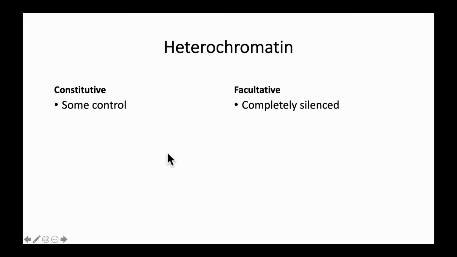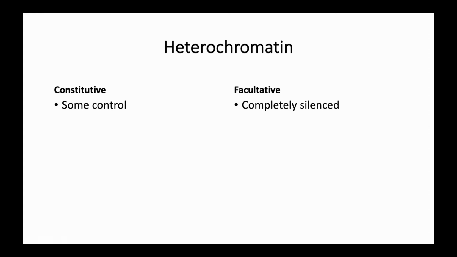A couple of slides ago, I told you that heterochromatin is of two types. Of those two types, heterochromatin could be either constitutive or facultative. For the first type, there is some control that's exerted. Remember what I said, heterochromatin is non-coding.